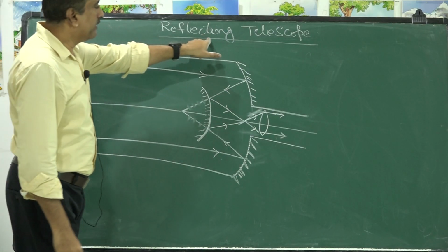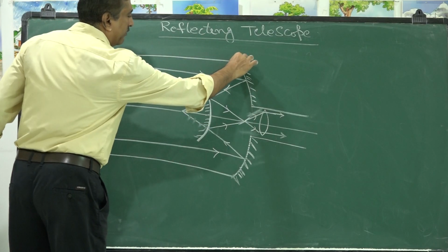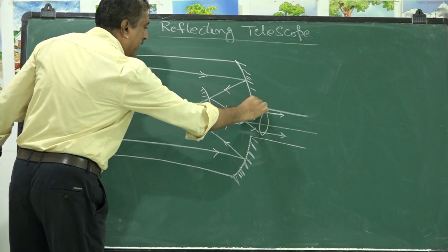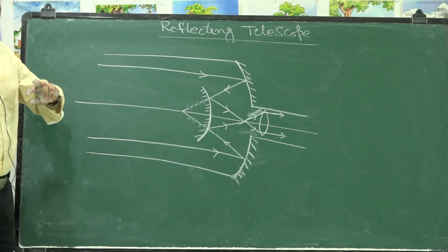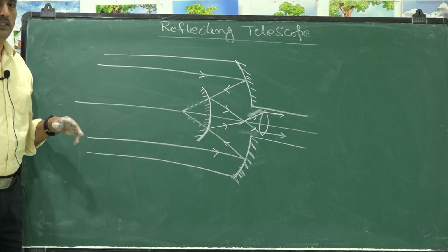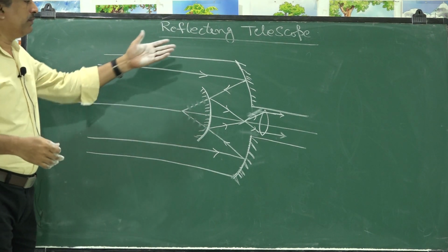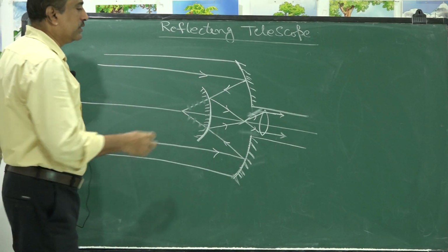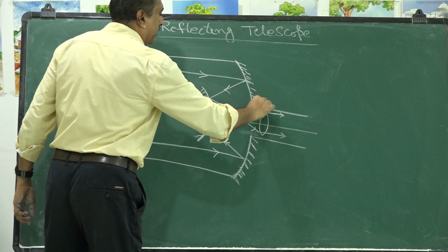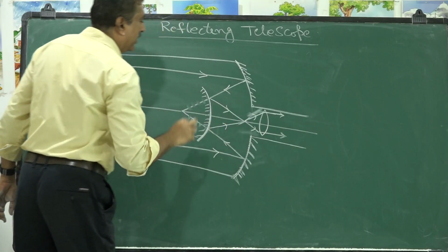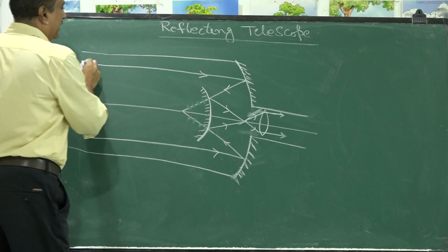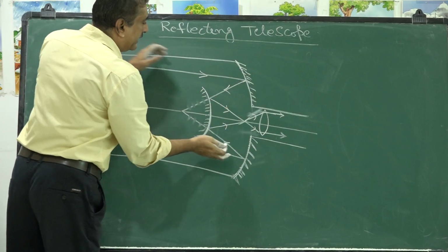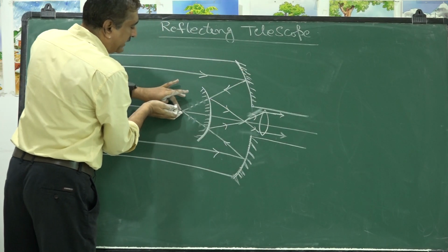So this is the reflecting telescope, in which this is the paraboloidal concave mirror. That means in place of the objective lens, we replace it by this paraboloidal concave mirror, in which there is an opening. Now the parallel rays from a distant object are incident on this mirror, and these two rays have to focus at this point.